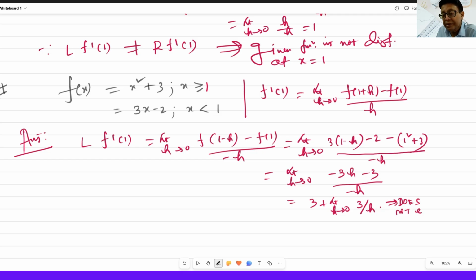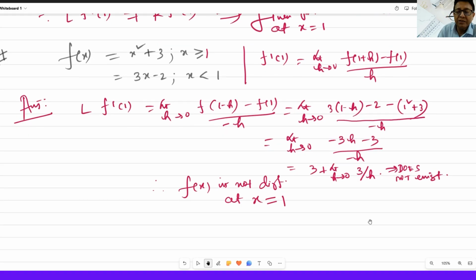Does not exist. Okay? Therefore, f(x) is not differentiable at x equal to 1. We need not do right f dash 1. This will not bring anything extra for us.